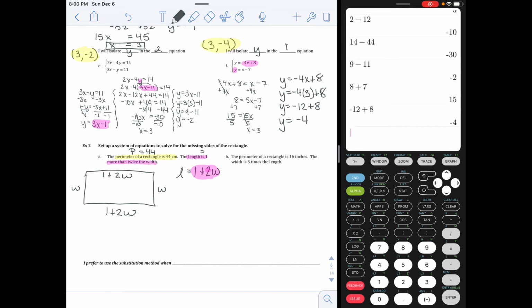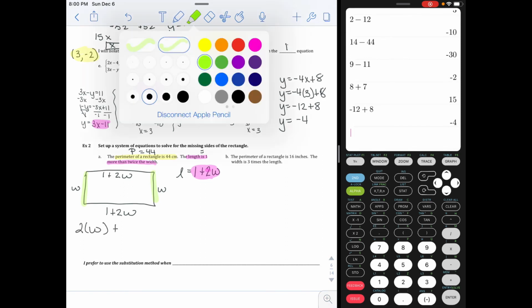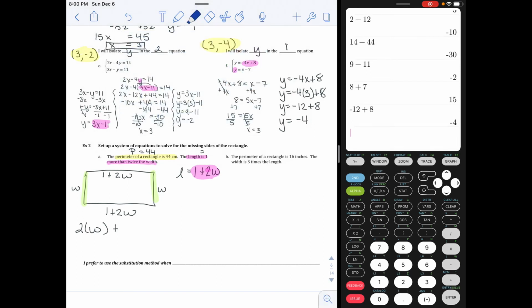How many of each side do I have? So I have 2 of the green, so 2 times the green sides plus 2 of the blue, so I can represent it by 2 times the blue, and that should equal my perimeter, which is 44.